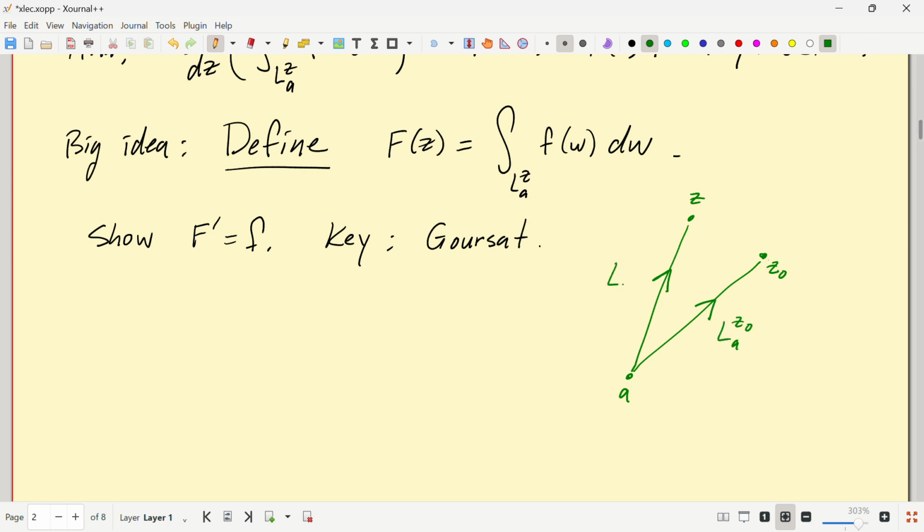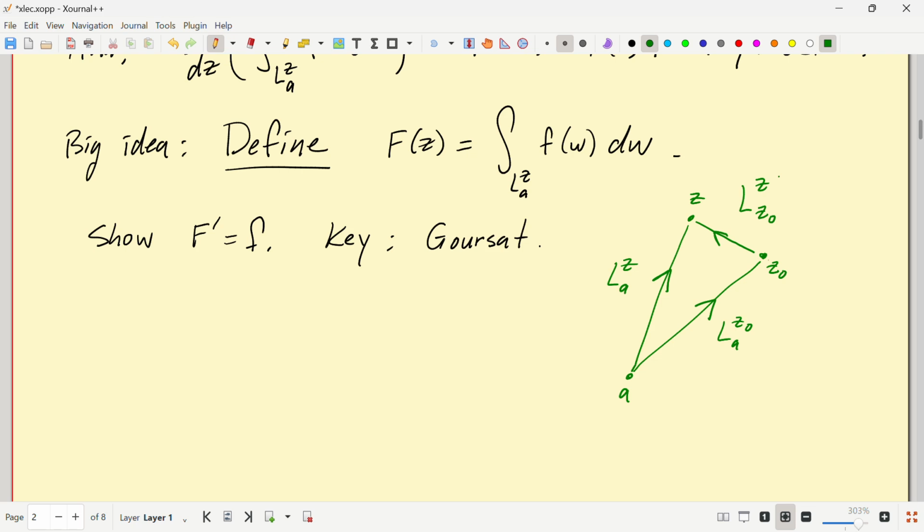This is going to be L from a to z. And let's see what's the natural thing. I'll take this here to go like this. This one is going to be L from z naught to z. And I know that Goursat's theorem tells me that it doesn't matter where the point P is. P could be inside this triangle or outside or someplace. So I'm not even going to think about P.